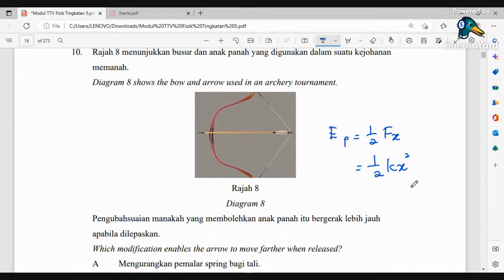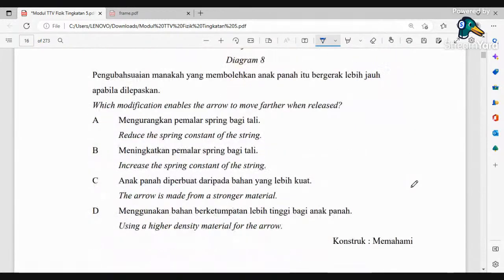Okay, for this question, reduce spring constant, wrong, because K should be larger. Spring constant ialah K. Increase spring constant, yes. The arrow is made from a strong material. Ini tak ada kaitan. Okay.